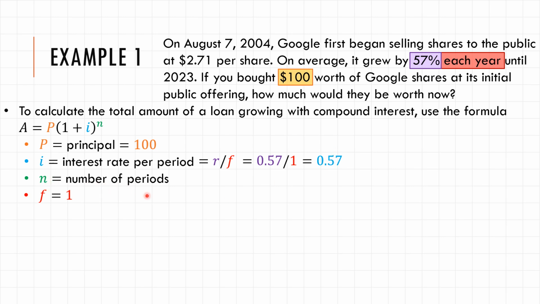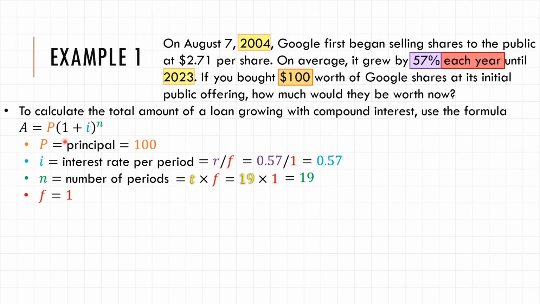How many periods are there between 2004 and 2023? Well, if each period is a year, I'm really asking the question, how many years between these two? And I could just subtract them to find 19, right? The difference between these two is 19 years, and 1 period per year would give you 19 periods in total.